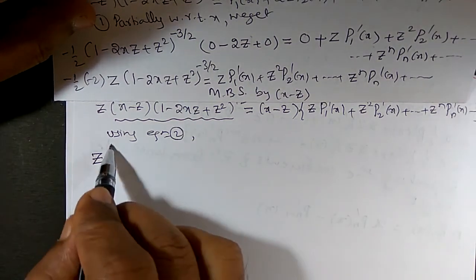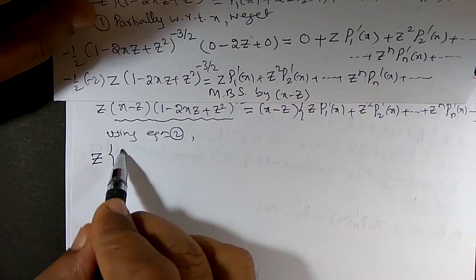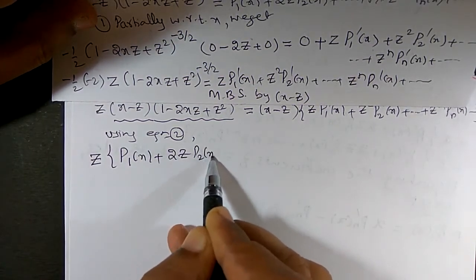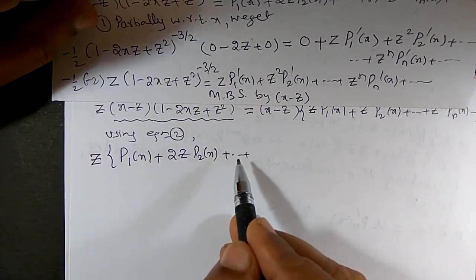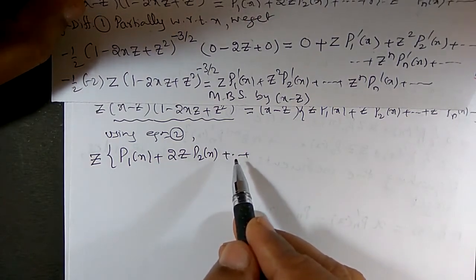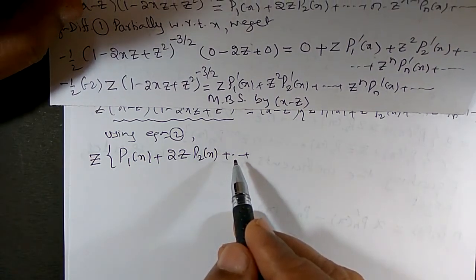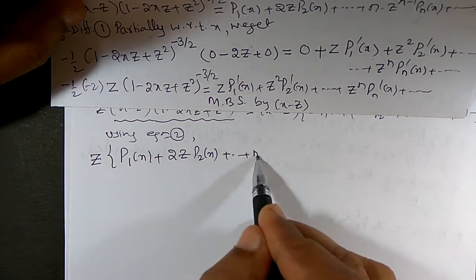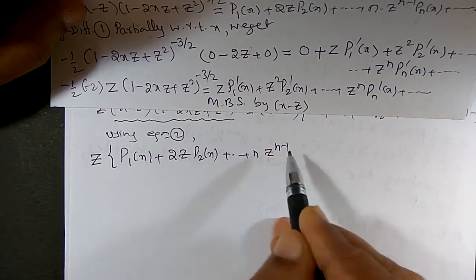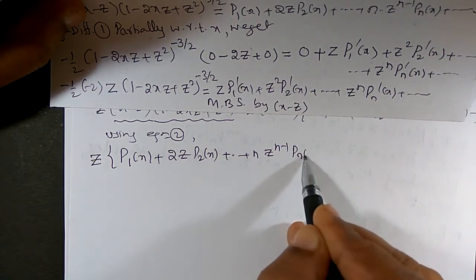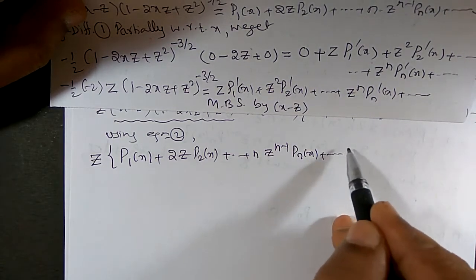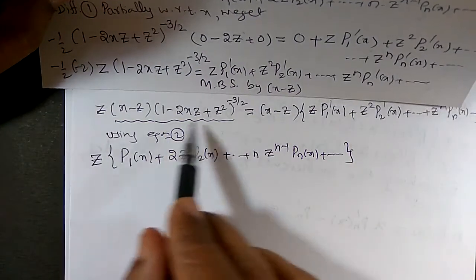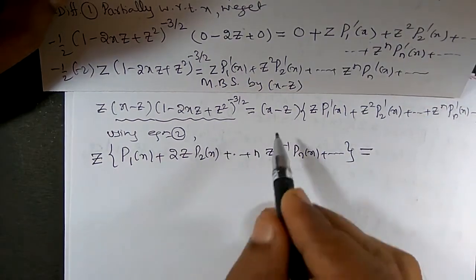So inside the bracket I will get P1(x) plus 2 times z into P2(x) plus so on, plus n into z raised to n minus 1 Pn(x) plus so on. So I have replaced the value of this, which is equal to what we get from equation 2.